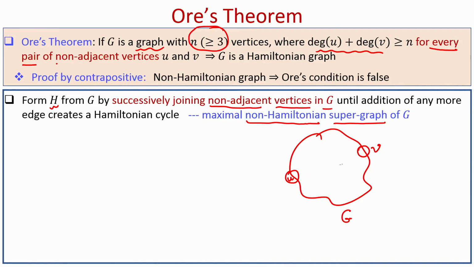If by adding the edge between u and v I still do not obtain any Hamiltonian cycle in the graph, then I will add that dummy edge, and then I keep on repeating this process.